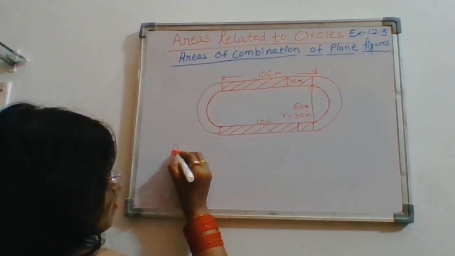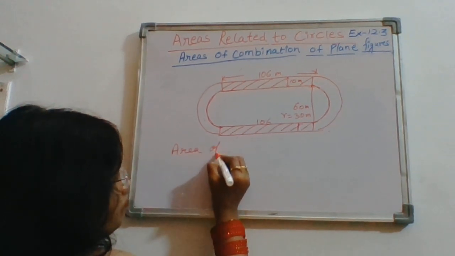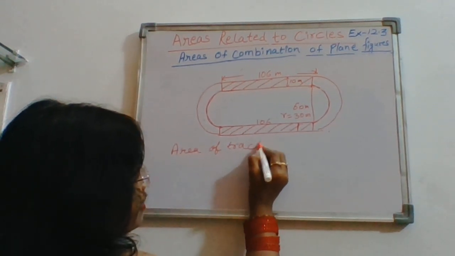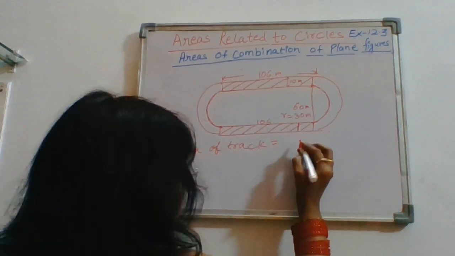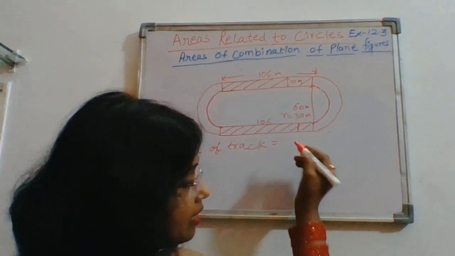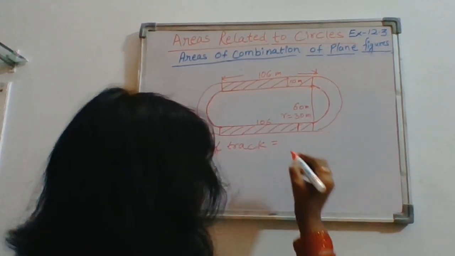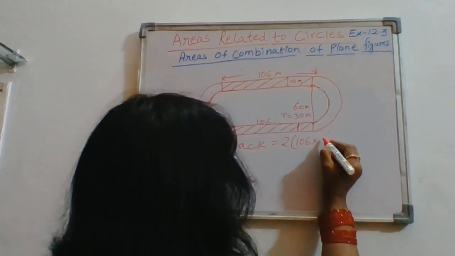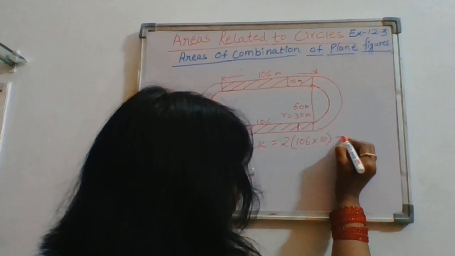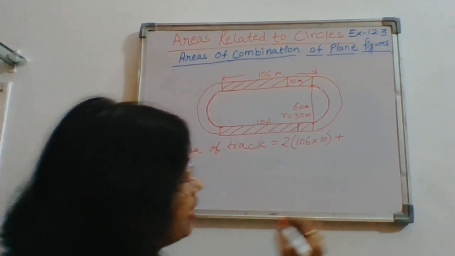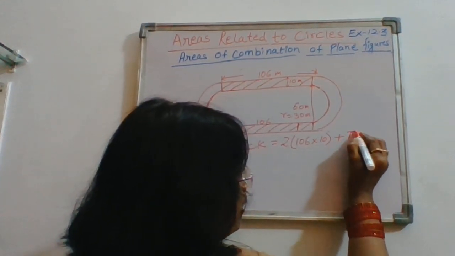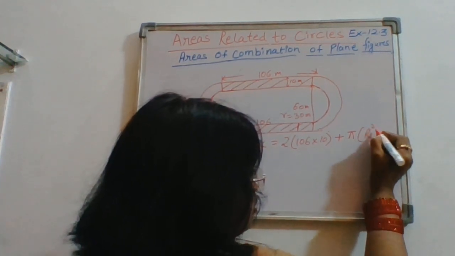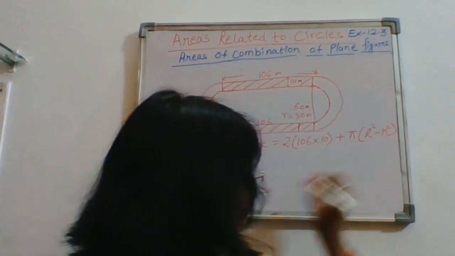So area of track will be equal to area of rectangle, and how many rectangles do we have? 2. So 2 into length into breadth, that is 106 into 10, plus area of the ring. Area of the ring is pi into R square minus r square, right?